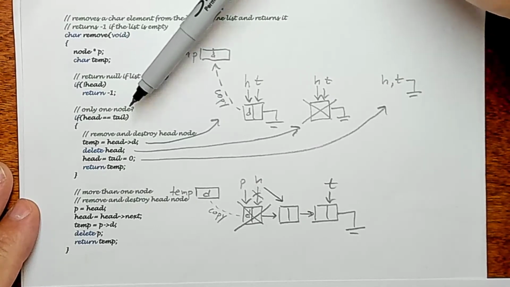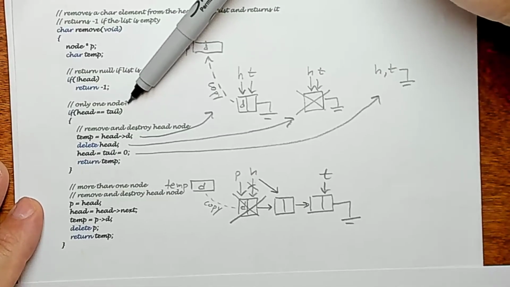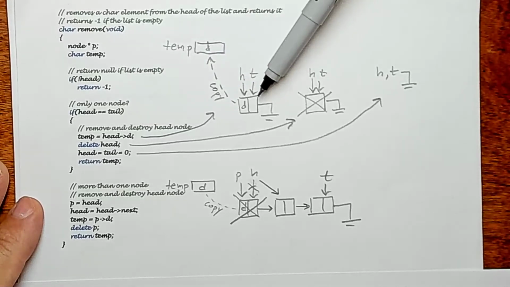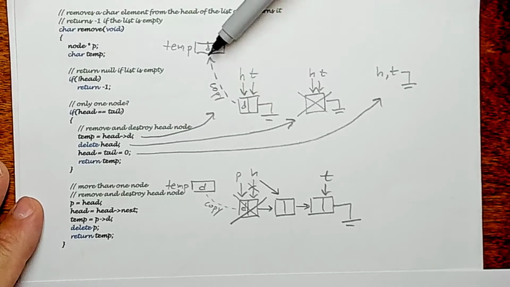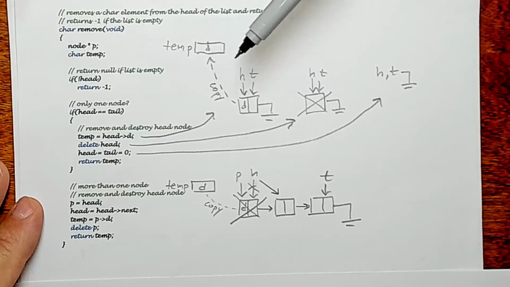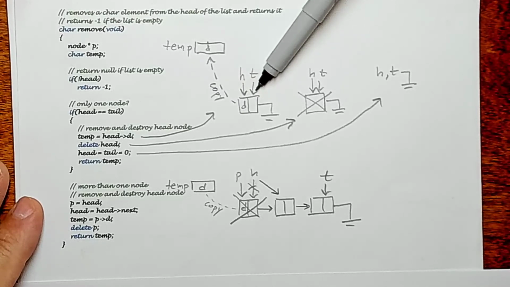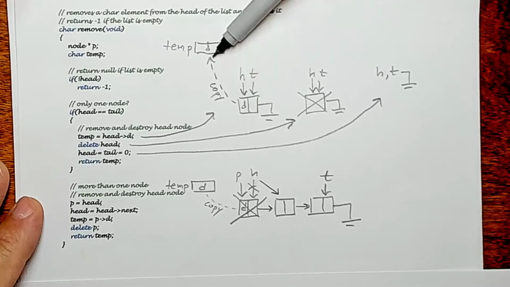Okay, if there's only one node, then we want to do this stuff here. We want to copy the data that's in that node into our temporary variable. If there's only one node, the head and the tail both point to that node. Okay, so it looks like this. So you copy the D over there.